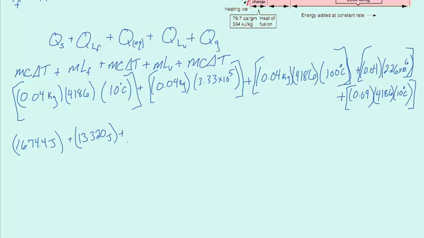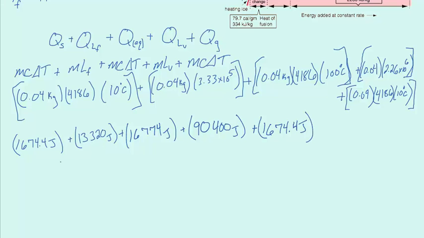Our third Q, which was 16,774 joules, plus 90,400 joules of energy for our fourth Q. And then finally, our fifth Q, at a value of 1,674.4 joules of energy.